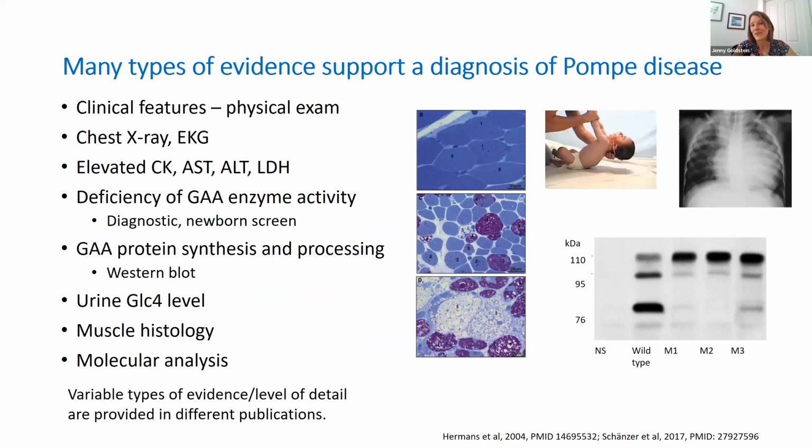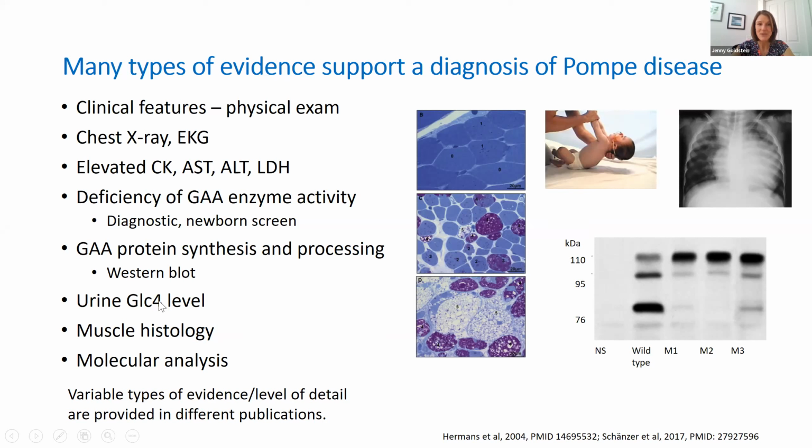So as I've already mentioned, there are lots and lots of different pieces of information that could be supportive of someone having a diagnosis of Pompe disease, including the clinical features, especially for the infantile onset form. It does present in a pretty specific way with this huge cardiomegaly, the extreme hypotonia, and so on. And looking at the cardiac features, deficiency of GAA enzyme.